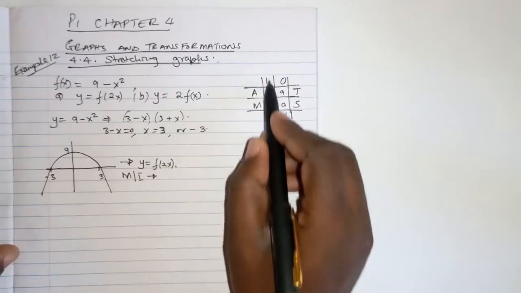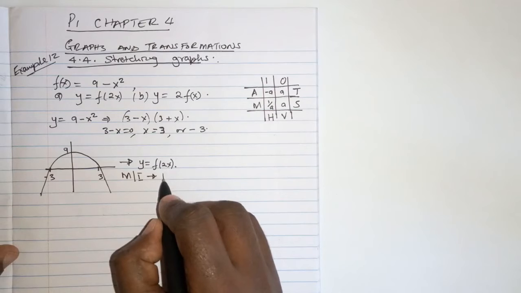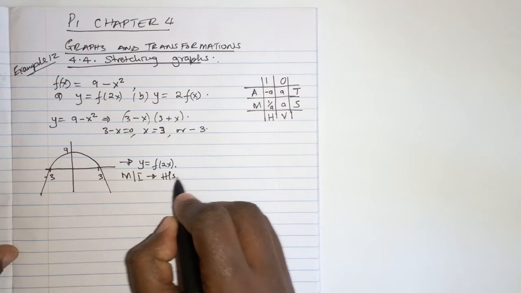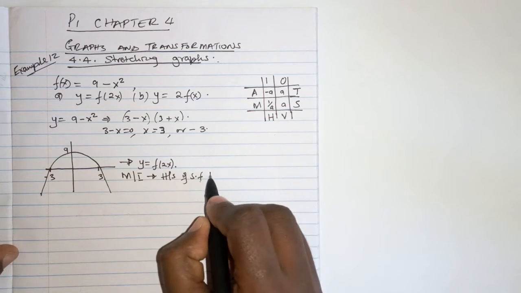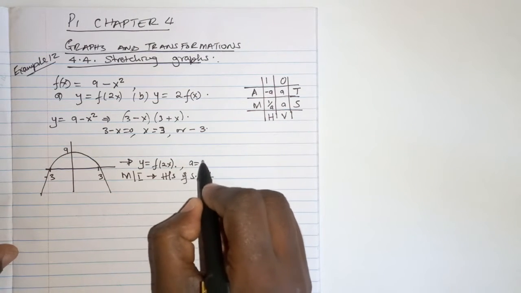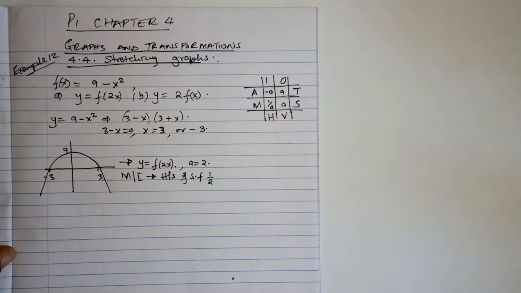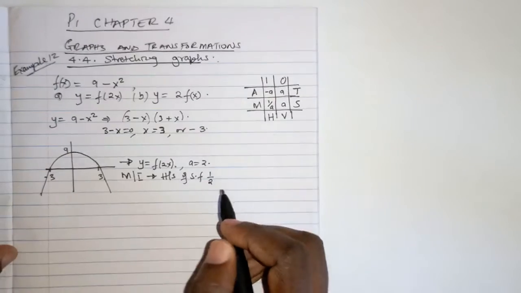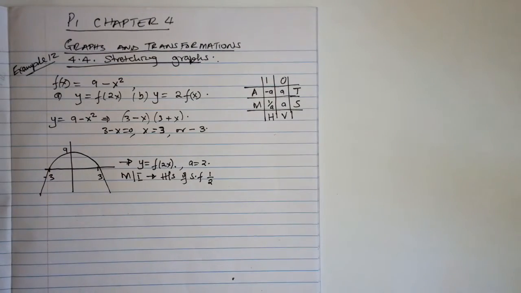Now, multiplication inside happens to be a horizontal stretch. This is a horizontal stretch of scale factor 1/2 because our a is 2. What do we understand from the horizontal stretch?